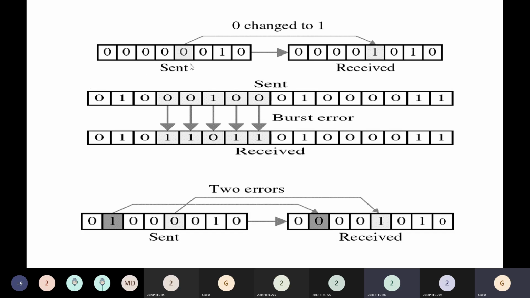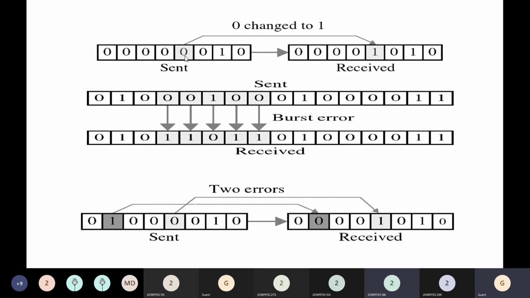Now consider this scenario, given for your easy understanding. See here, these are the sent bits, for example 0 0 0 0 0 0 1 0. These 8 bits are transmitted, and these 8 bits are received. When you transmit the bits into the channel, there is a possibility that this fifth bit gets changed into another form.